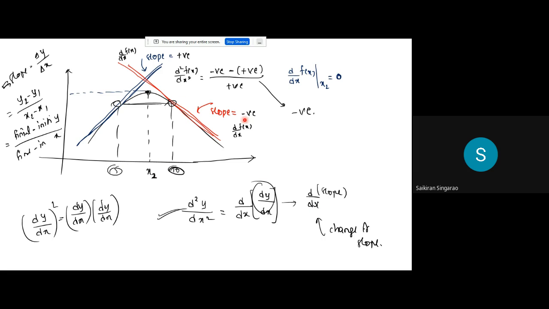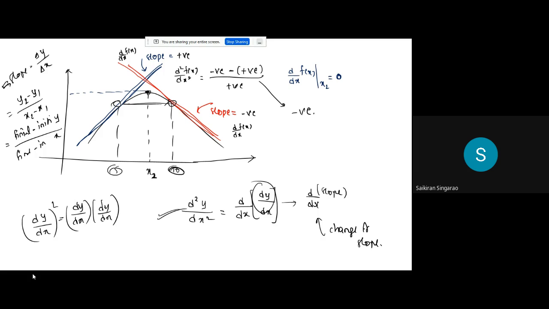The final slope is negative, minus the initial slope, which at any point you take here will be positive. A negative number minus a positive number is a negative number, divided by a positive number is a negative number.